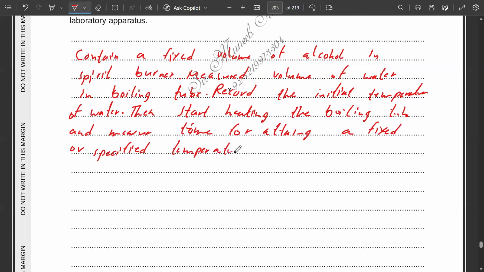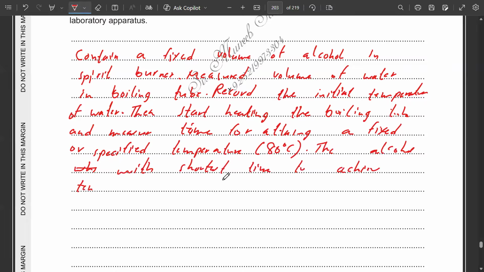Because let's suppose you are trying to achieve 80 degrees, you will measure the time for all the alcohols. The alcohol with the shortest time to achieve the specified temperature, a fixed temperature, will give the fastest heating.